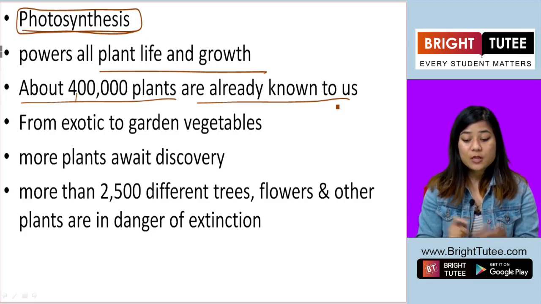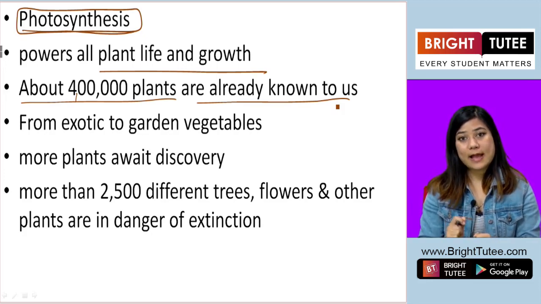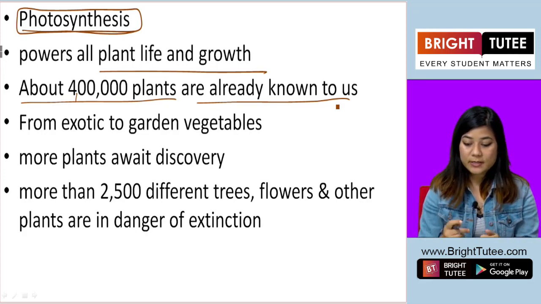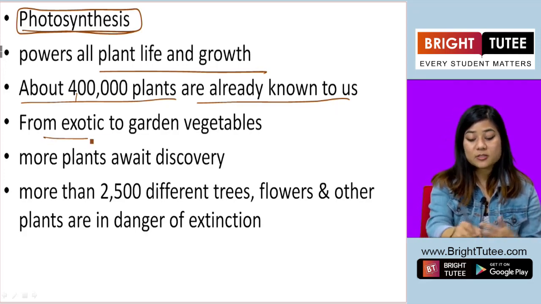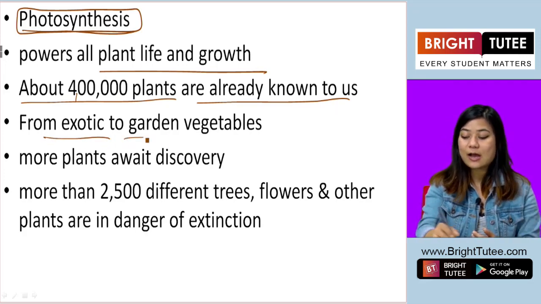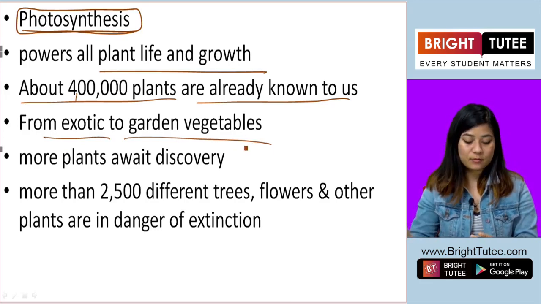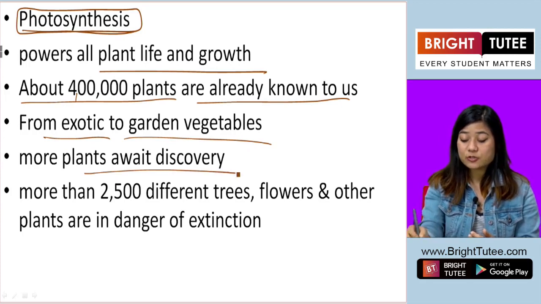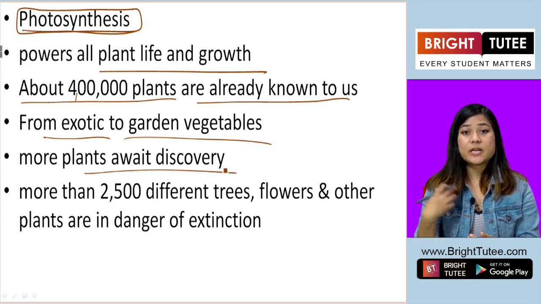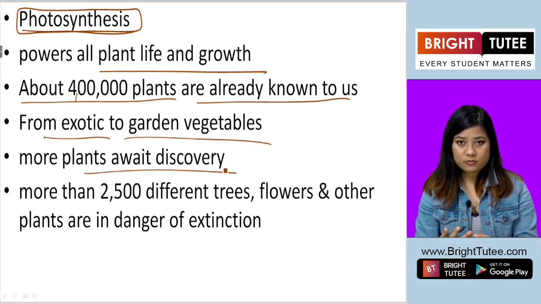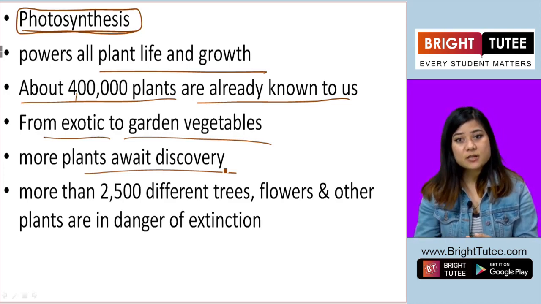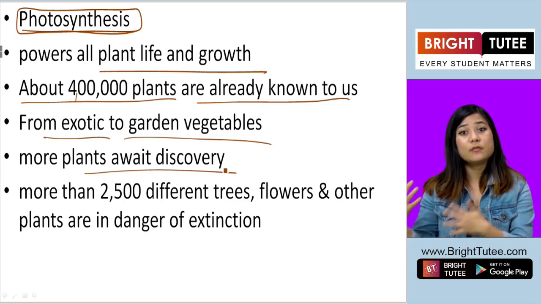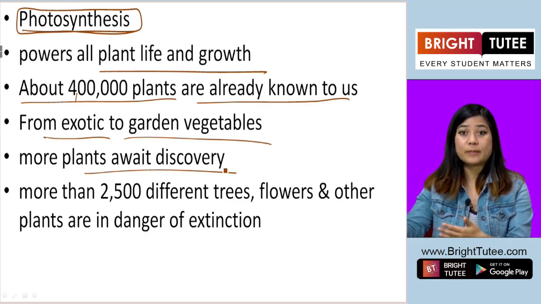So about 4 lakh plants are known to us, from exotic plants and trees to the garden vegetables that we have. But there are more plants which are yet to be discovered, studied, and written about, so that we get that information and add them to the already known plants.